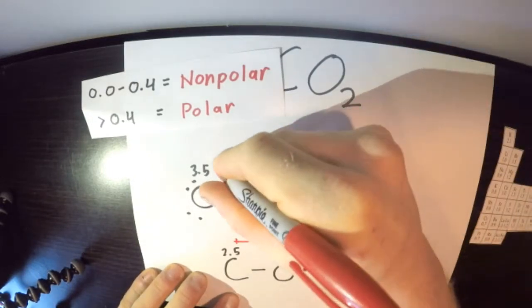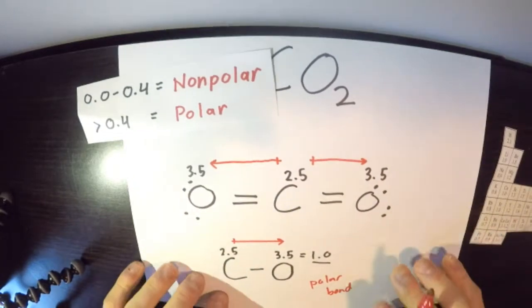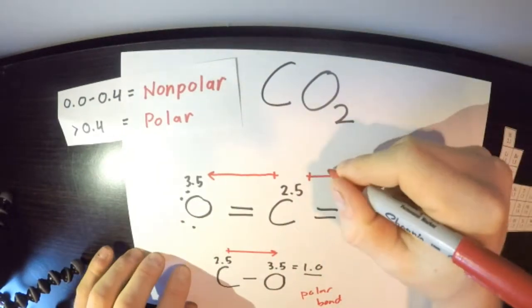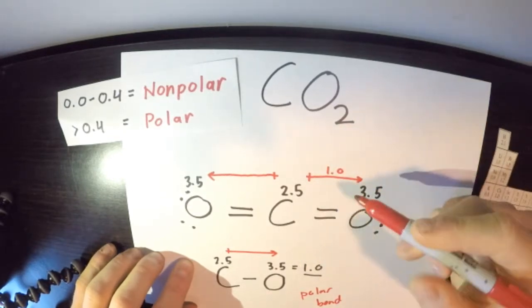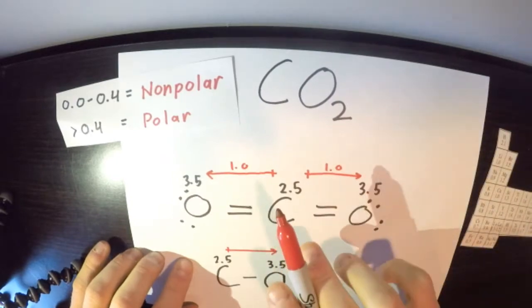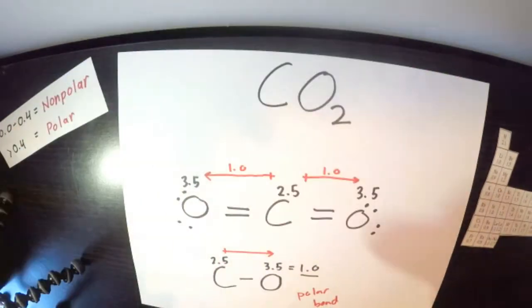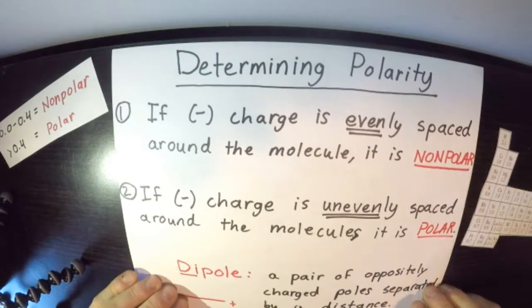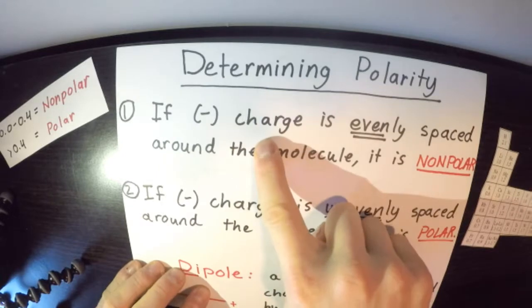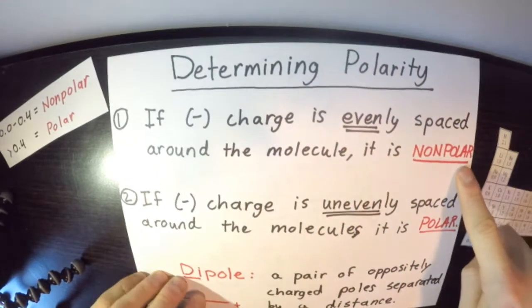So this is where things now get a little bit interesting and a little bit different than we've seen so far in this video. The difference between this carbon and this oxygen is 1.0, like I wrote up here, but it's also 1.0 from this carbon to this oxygen. So earlier in the video, I told you that if negative charge is evenly spaced around the molecule, then it is nonpolar.